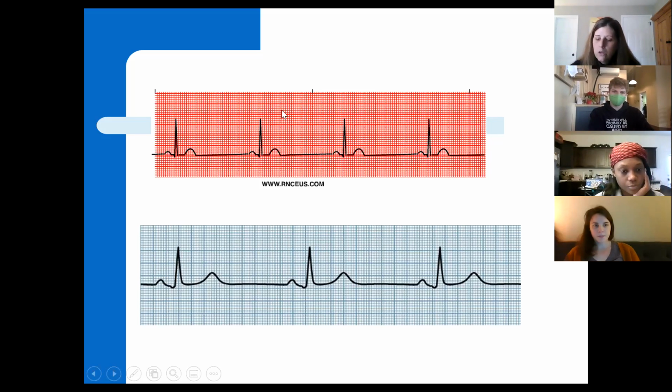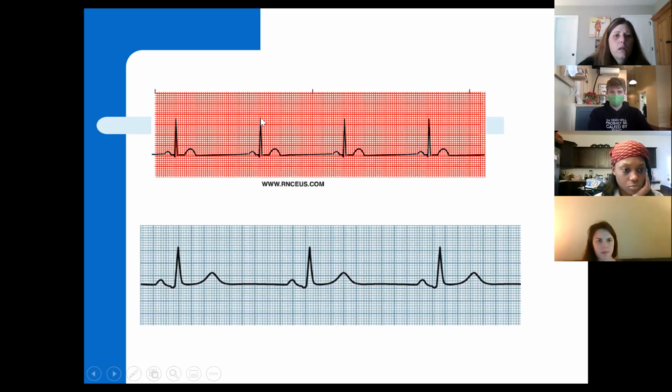So the first example I told you about is heart rate equals 300 divided by the number of boxes from R to R. There's an R, and here's an R. Big boxes kind of get blind if you're staring at it too much, right?